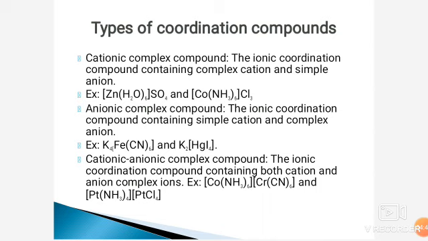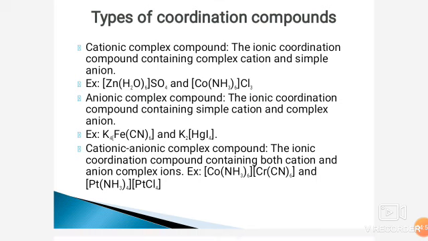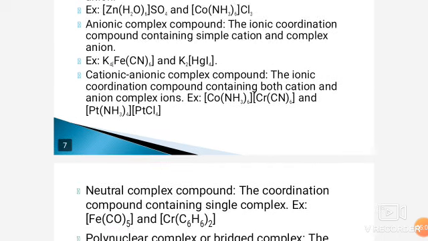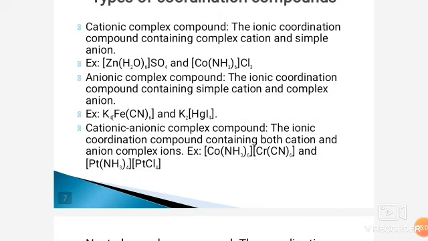One is the cationic complex, in which the ionic coordination compound contains a complex cation and a simple anion. If the ionic coordination compound contains a complex anion and a simple cation, then those are called anionic complex compounds.